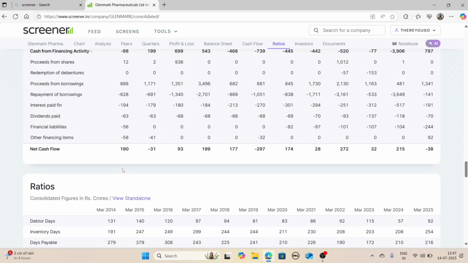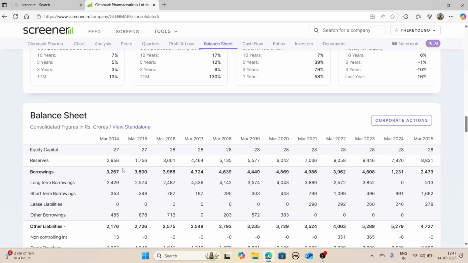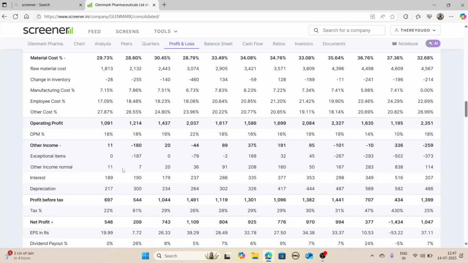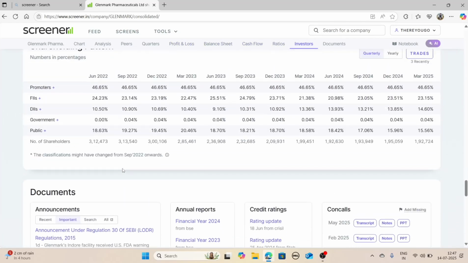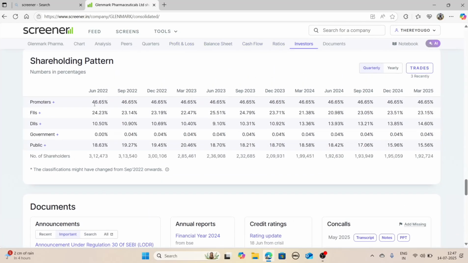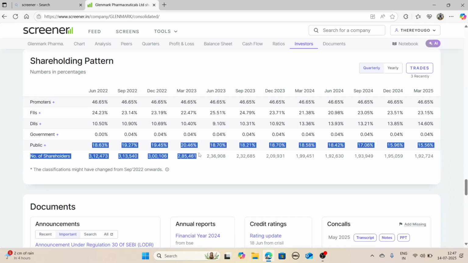So overall, my recommendation is that the company is not doing that well, but the shareholding shows that the promoters still have confidence in the company. FIIs also have confidence, and DIIs also. But the public doesn't show it.